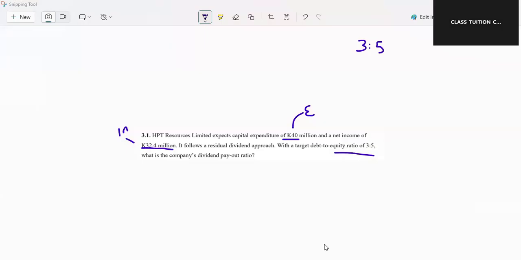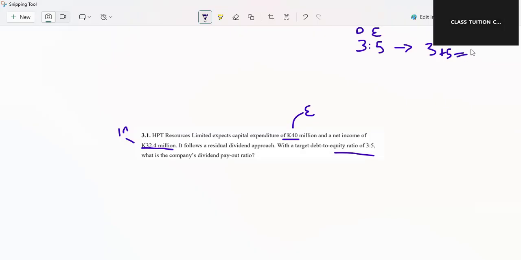So what does this mean? The debt to equity of 3 to 5 means the total financing has 3 plus 5, which is 8 parts. So you add these two. 3 plus 5 gives 8.